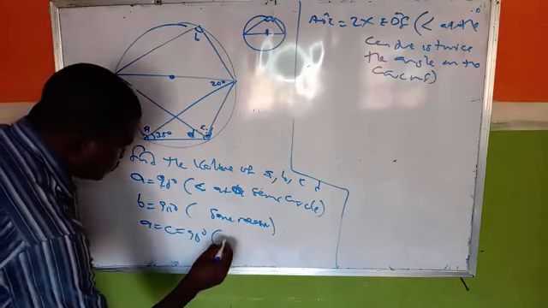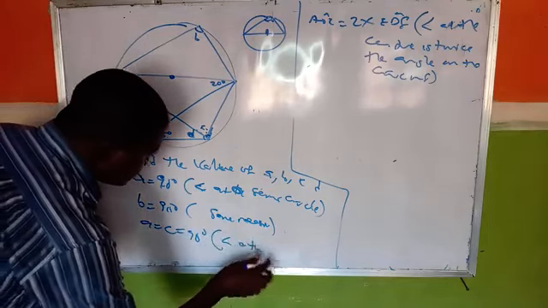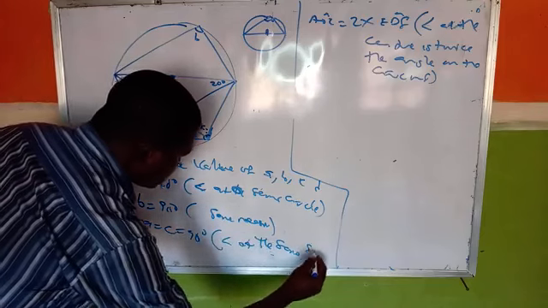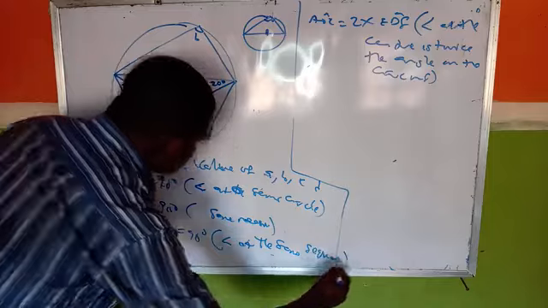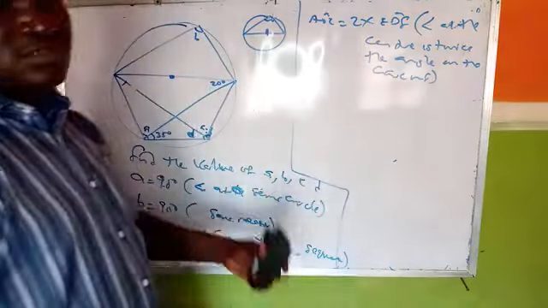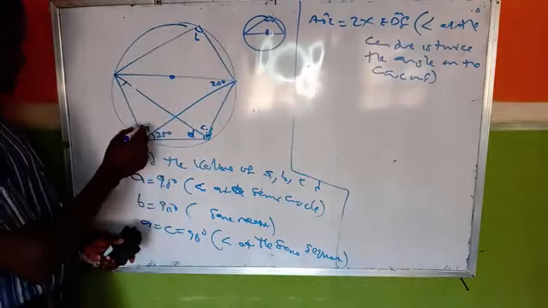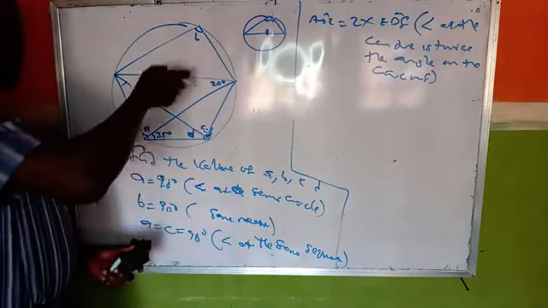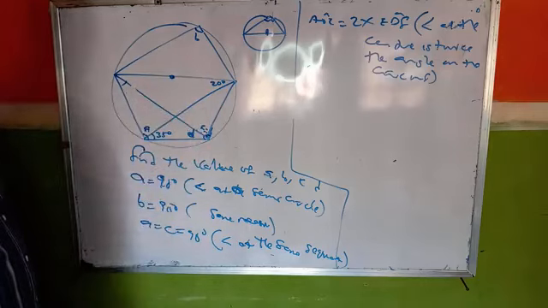Then I call it angle at the same segment. So two theorems can solve a particular question. So here, this equal to this. They are at the same segment.